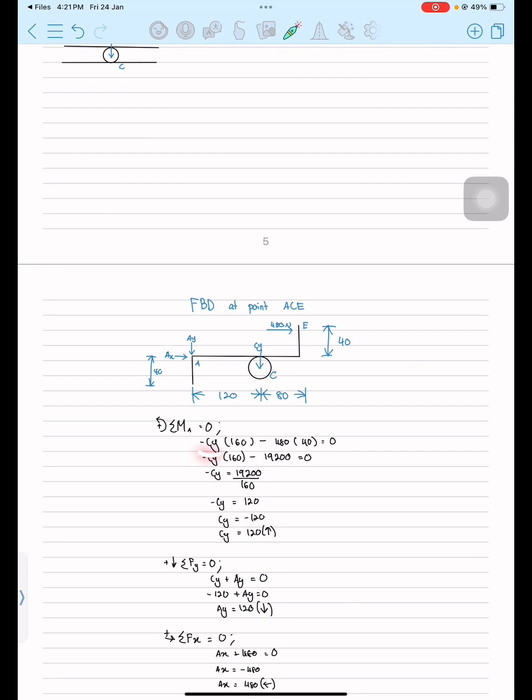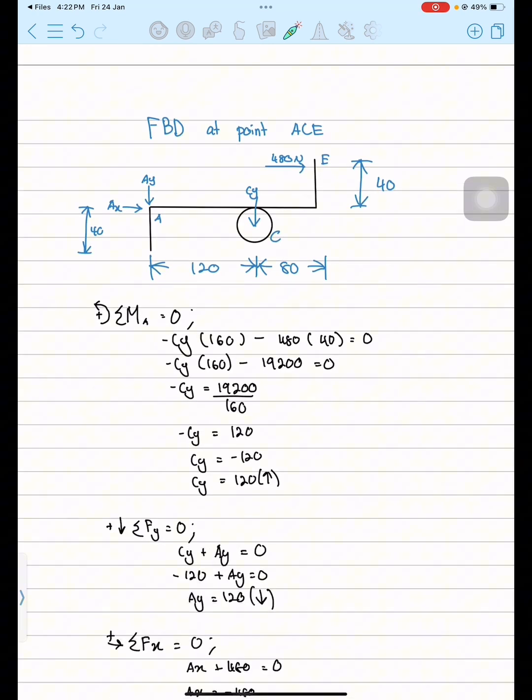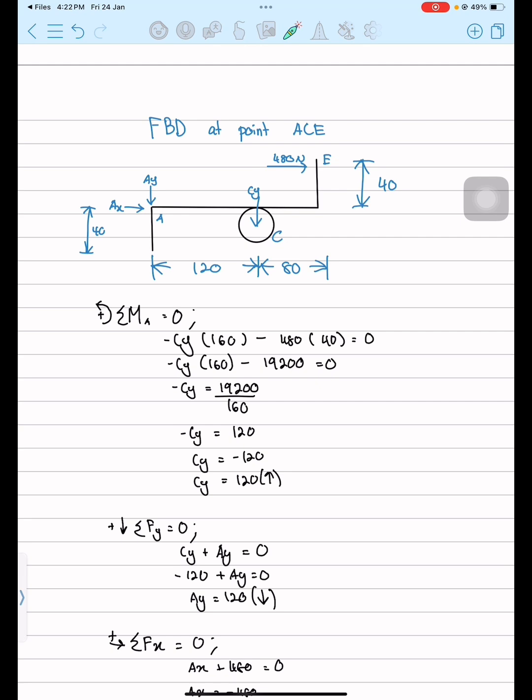So Cy is from point C, and the 160 is from point E, and 480 is the force from E, and then 40 from this distance, equal to 0. Then we calculate Cy, and we get Cy is 120 Newton forcing upward, which means the force at point C is upward.